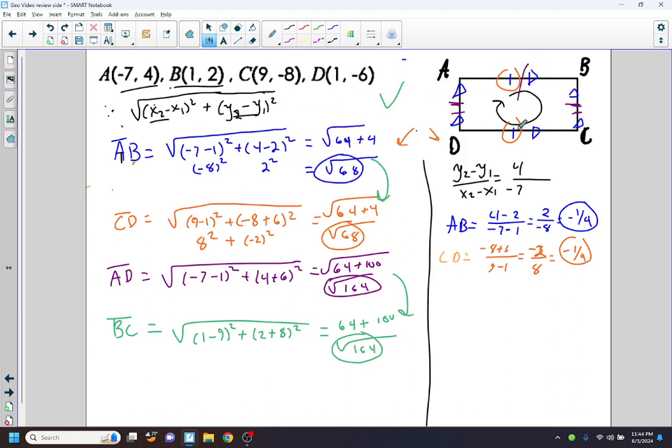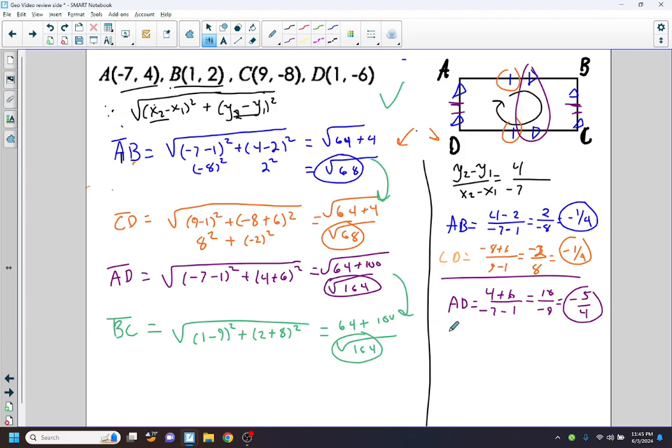So we proved that these two are parallel. We need to prove AD and BC are parallel. So AD equals 4 plus 6 over negative 7 minus 1. So that's going to be 10 over negative 8, which reduces to negative 5 over 4.